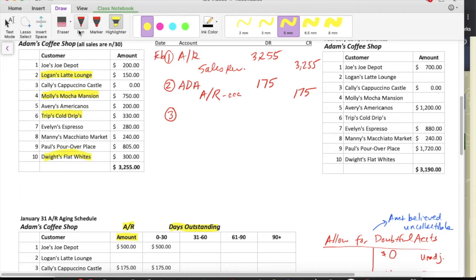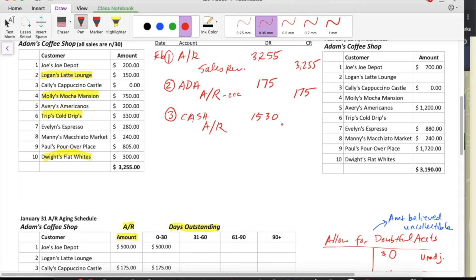And so I'm going to collect a total of $15.30 in cash, and I can get rid of those customers' accounts receivable balances. Then, at the end of the month, I have to again estimate how much bad debt expense I need to record in order to abide by the matching principle and to show my receivables at their net realizable value.